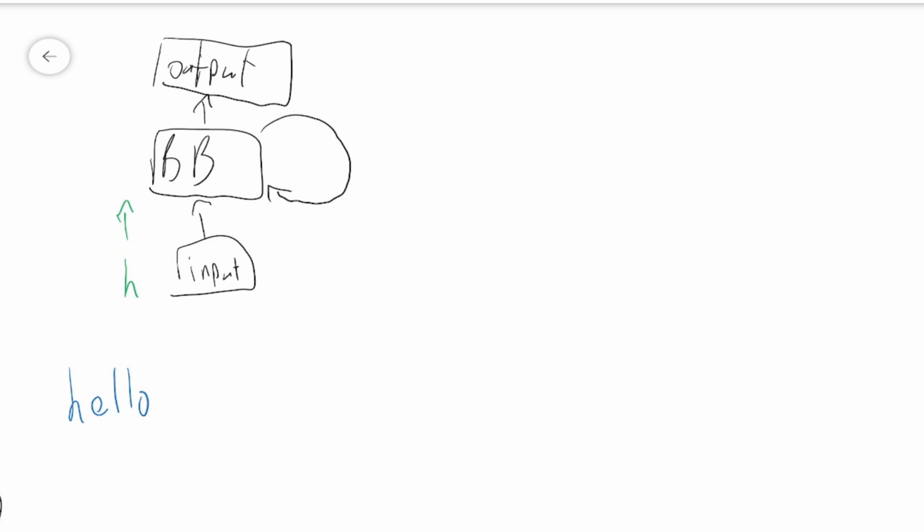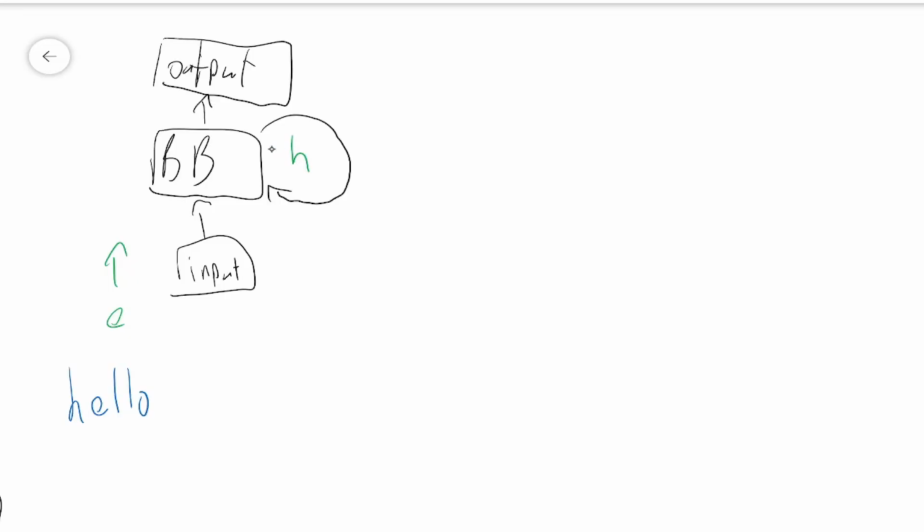Initially there's nothing for it to keep in memory, and the desired output is E, right? Now H is in memory, and H will stay there. Now E is the next letter, so we input E into the network, and now it's going to at least have some context, and this is how it differs from vanilla neural networks.